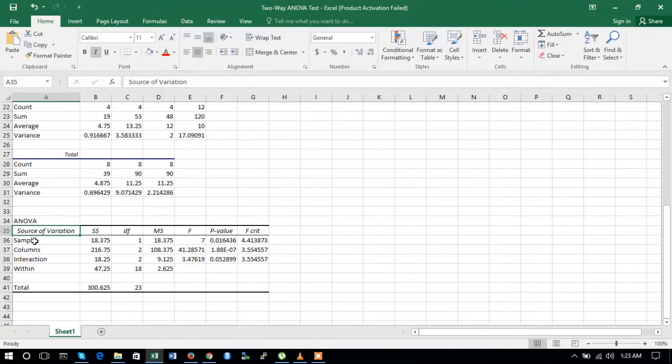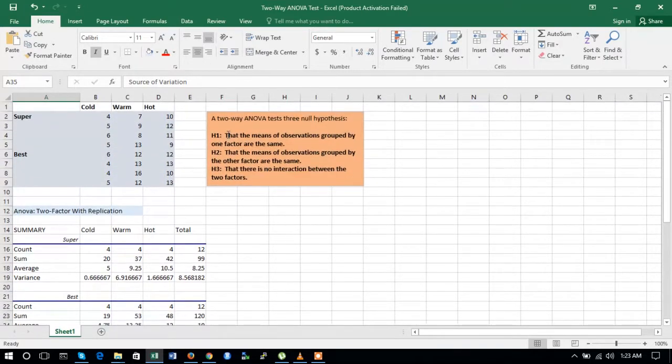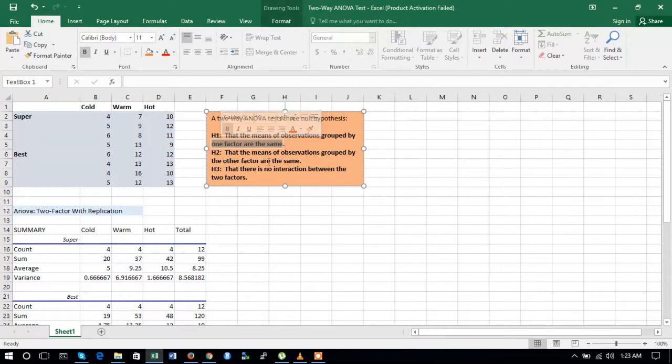In the rows we have the sources of variation, like the sample, the columns, and the interaction. We have also defined the 3 null hypotheses over here: the null hypothesis of one factor, the null hypothesis of the other factor, and the null hypothesis for the interaction factor.